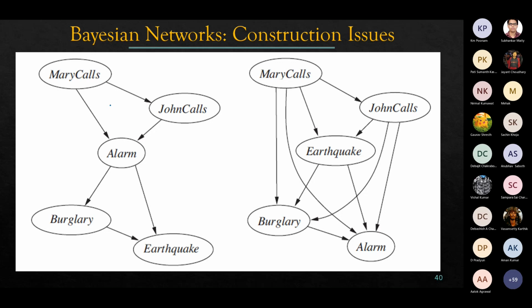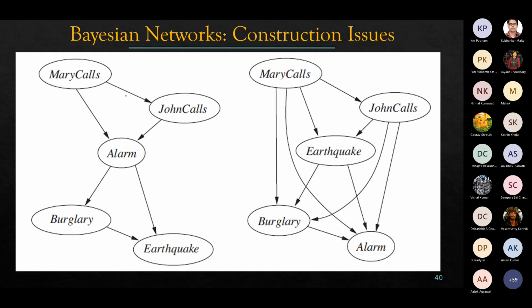The first observation you can make here is that the direction between Mary calls and alarm, and John calls and alarm, has been reversed. It is saying that if Mary calls, then the alarm may set off. If John calls, then the alarm may set off. That is not a good way to represent the dependency between these two random variables.